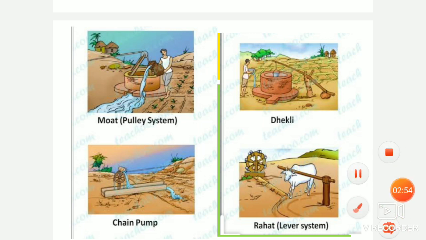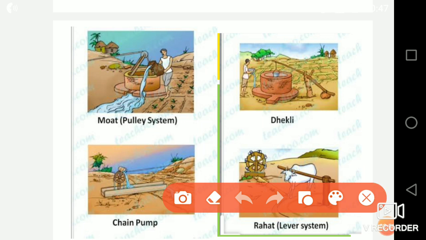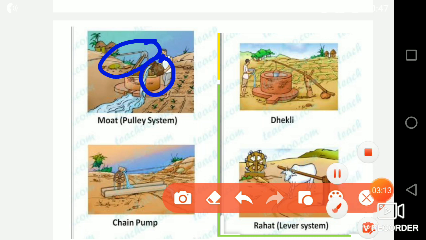In the moat system you can see that there is a bucket-like structure in the man's hand. With the help of the pulley, this one is the pulley, it is pulled backside and from there the water from the well will come out.